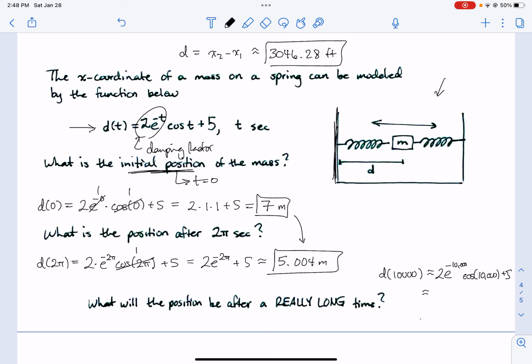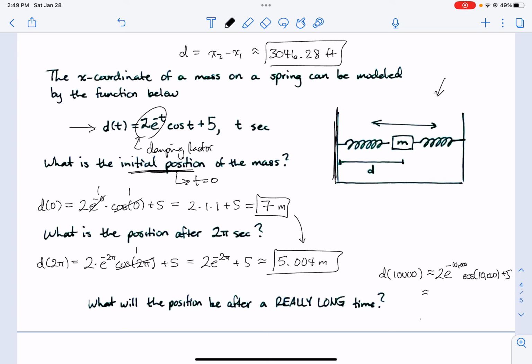Okay. Let's try 100. 100 might be good enough. Okay. Interesting. So I'm getting an answer of negative 9.3357 e to the 42.